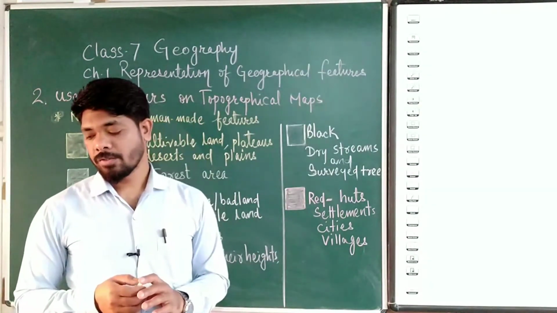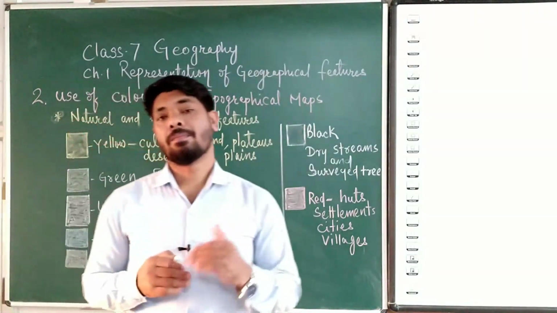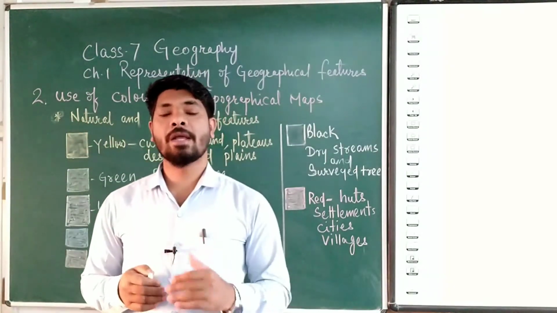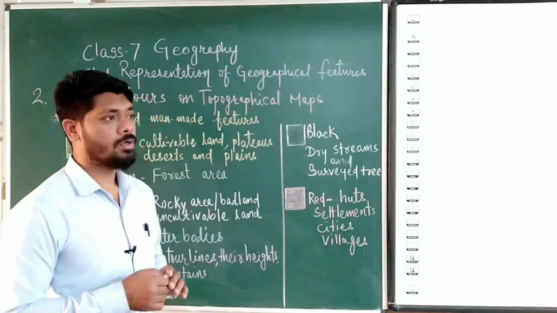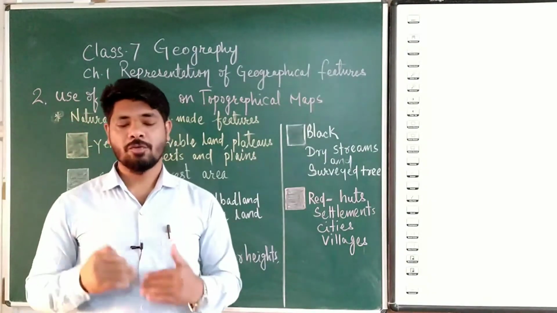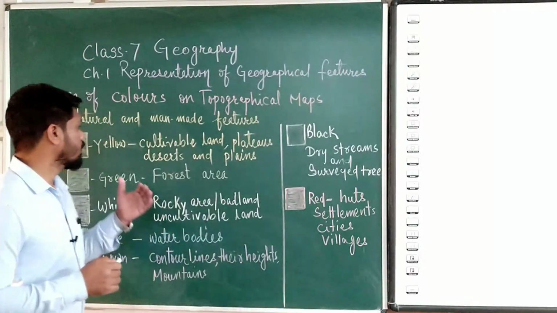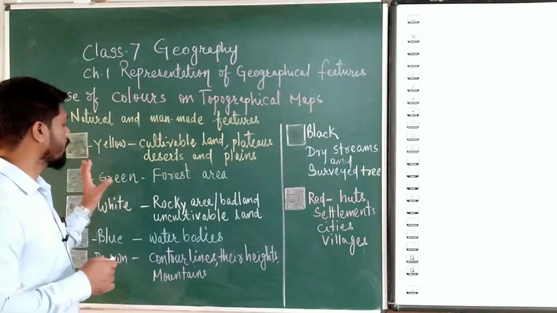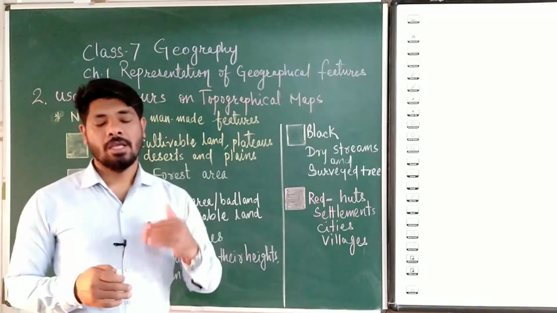Let us see first of all, if the topographical map is shaded or colored with yellow, what is the meaning of that? If the topographical map is shaded with yellow, the meaning is that the surface area or the land is cultivable area.